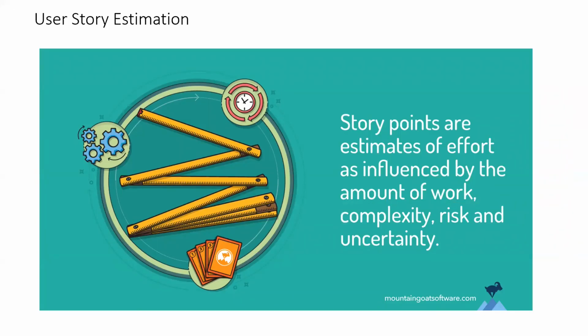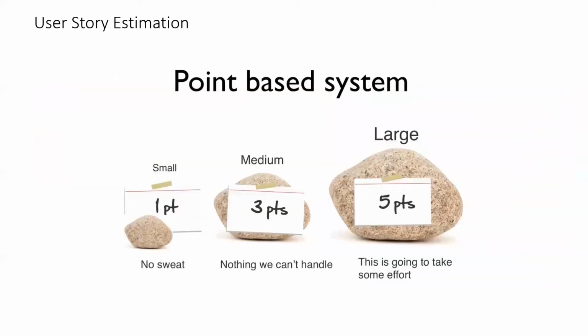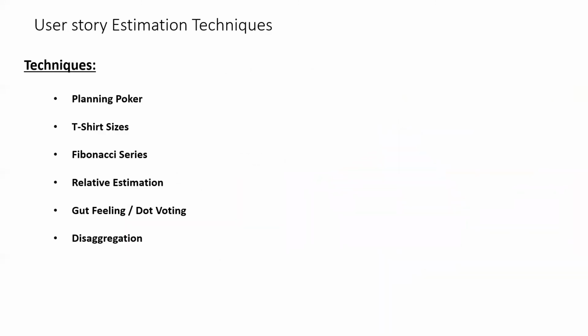User story estimations, as I said, are dependent on the effort, that is the amount of work, the complexity, risk and uncertainty. The estimates are given by giving points or by categorizing them as small, medium and large. The different techniques of estimation are planning poker, t-shirt sizes, Fibonacci series, relative estimation, gut feeling, dot voting, and disaggregation.